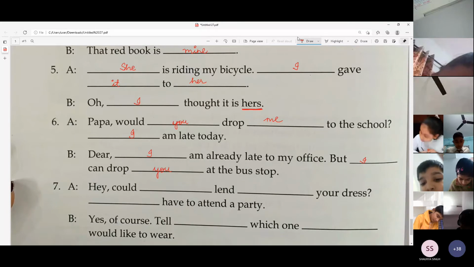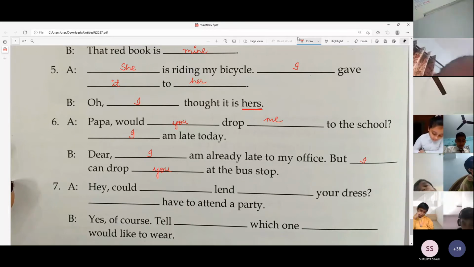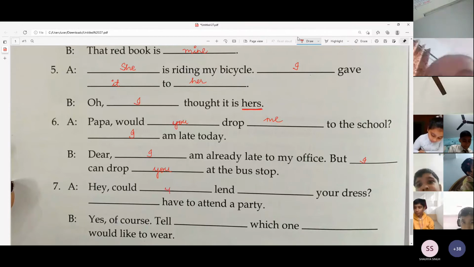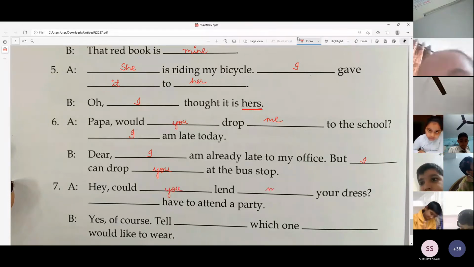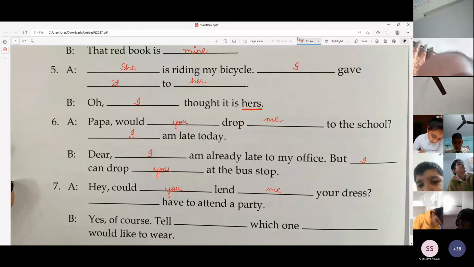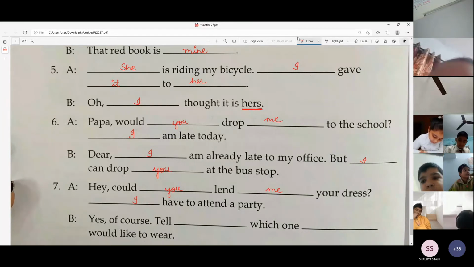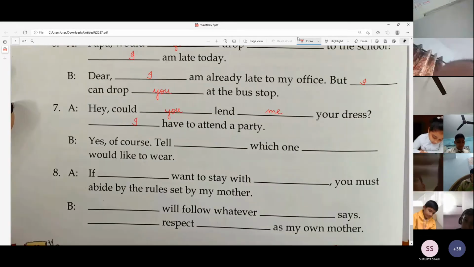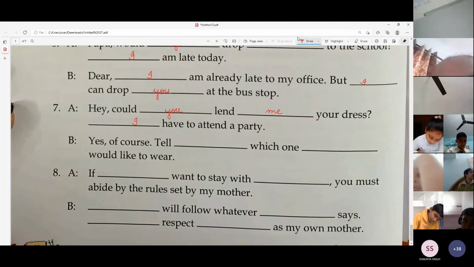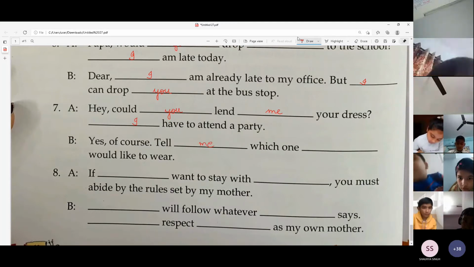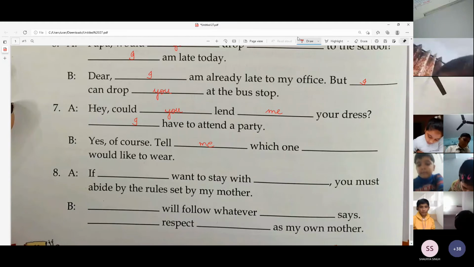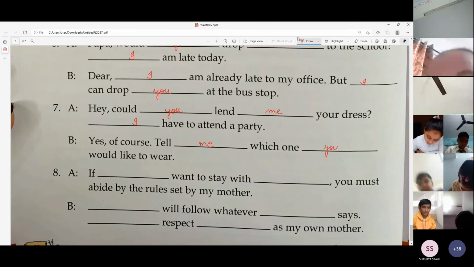Okay? Hey, could you lend me your dress? I have to attend a party. Yes, of course. Tell me which one you would like to wear.